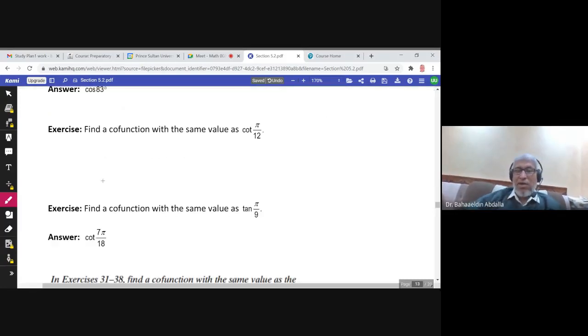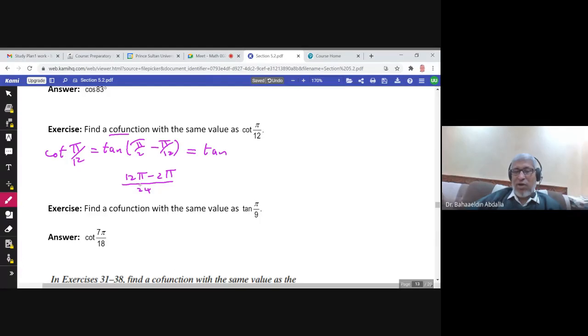What about cotan pi over 12? What is the cofunction of cotan? Well, the cofunction of cotan is tan. So cotan pi over 12 would be tan of pi over 2 minus pi over 12. And you can use the calculator and find the answer. The answer would be 12 pi minus 2 pi over 24.